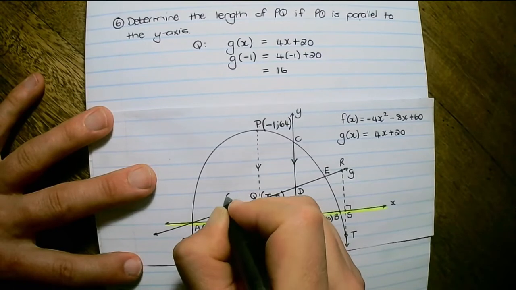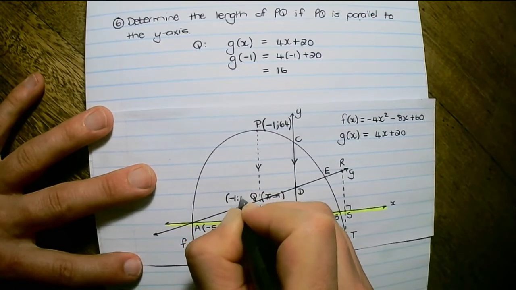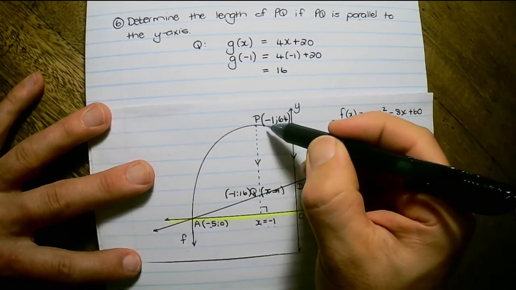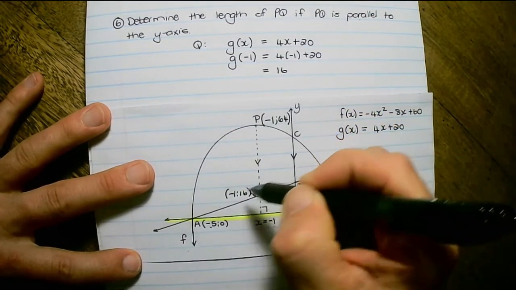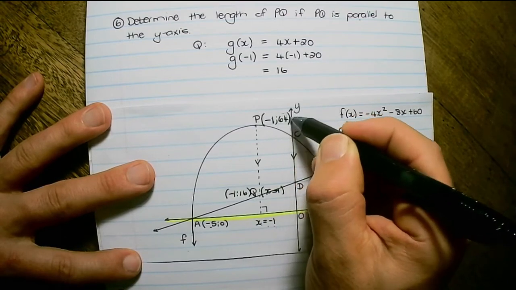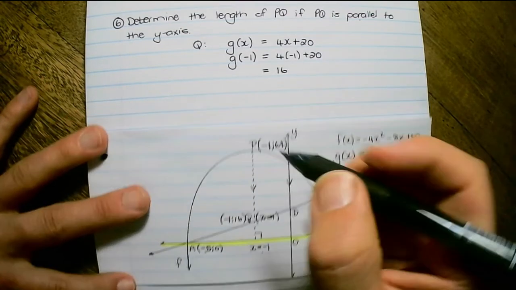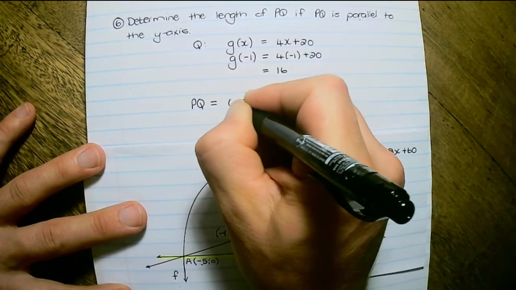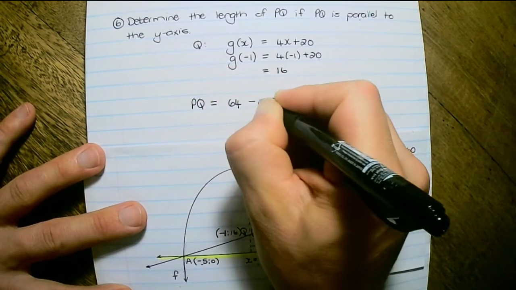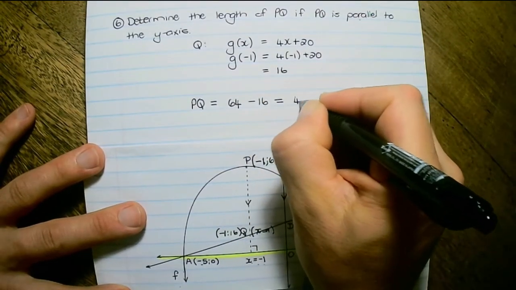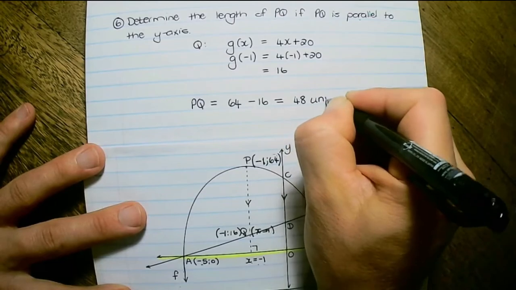So Q's coordinates are -1 and 16. Now you could see the length of this line. There's no difference in the x's, but there's a difference in the y values. So the length of PQ is equal to 64 minus 16, which is equal to 48 units.